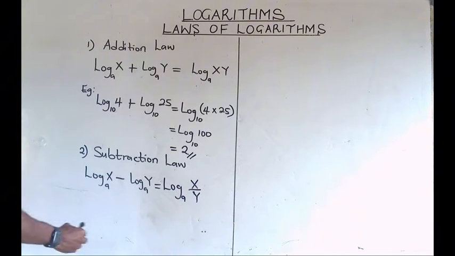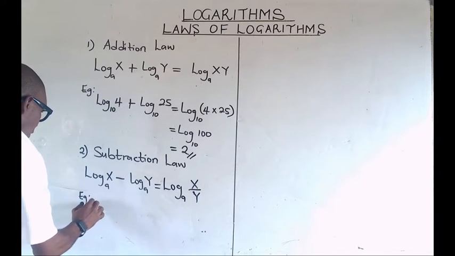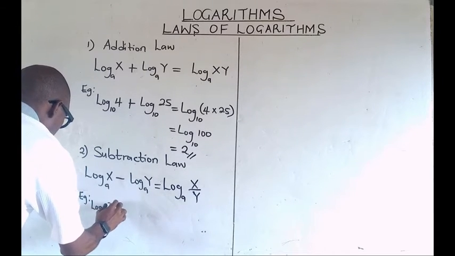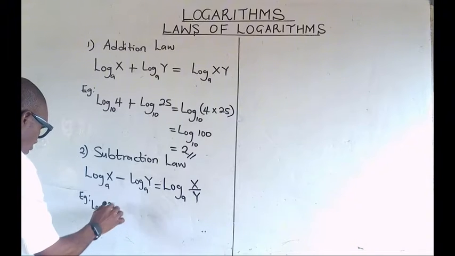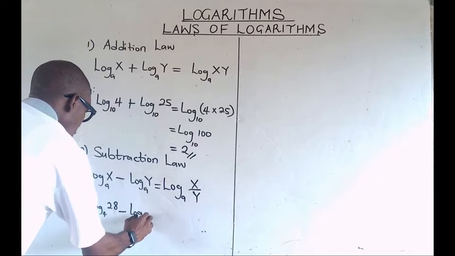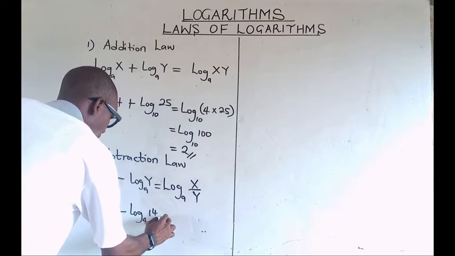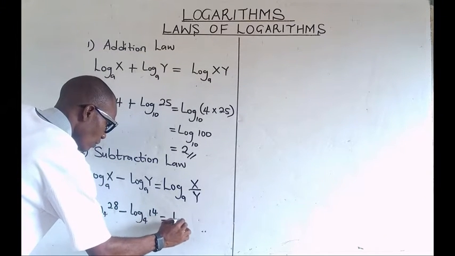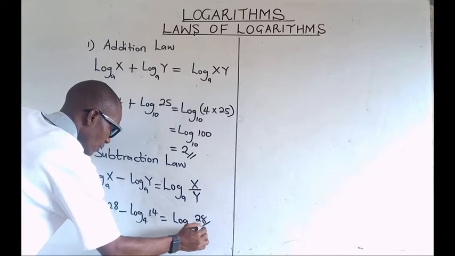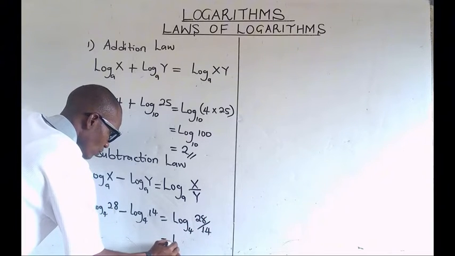So for example, if we say log 28 base 4 minus log 14 base 4, the resultant will be log 28 all over 14 base 4, which is equal to log 2 base 4.